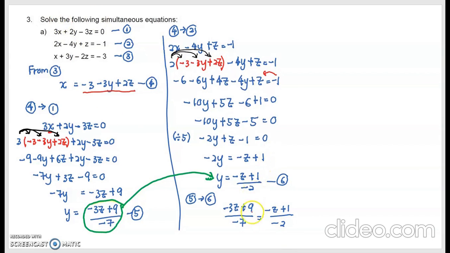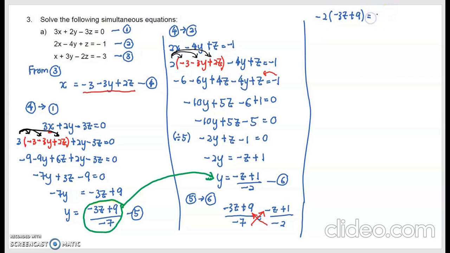Here we can cross multiply. I should have negative 2 in the bracket negative 3z plus 9 is equal to negative 7 in the bracket negative z plus 1.